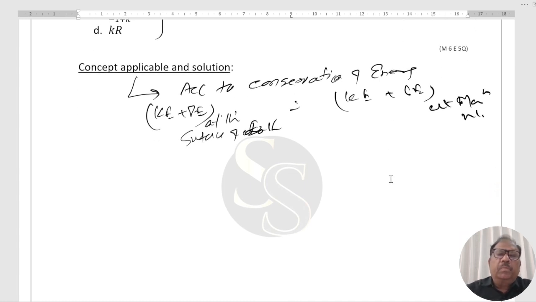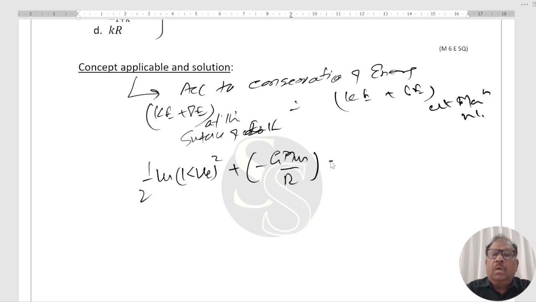That comes out to be half m kVe whole square plus minus GMm by R. Kinetic at maximum height, velocity will be 0, plus minus GMm by small r, that has been indicated here.